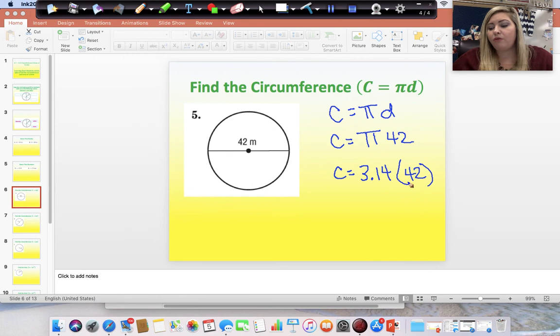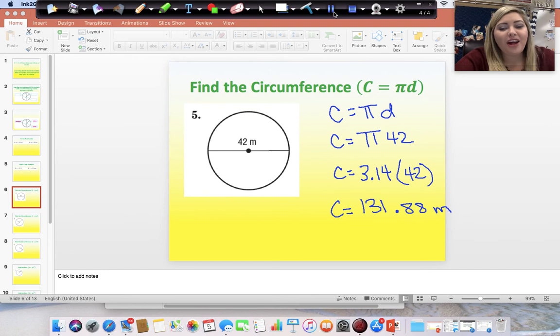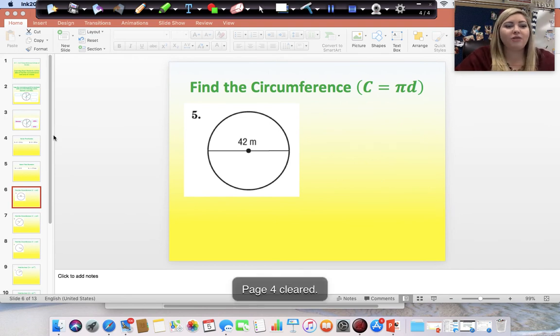So 3.14 times 42 is 131.88 meters. Okay, so our circumference is 131.88 meters. Let's move on to the next one.